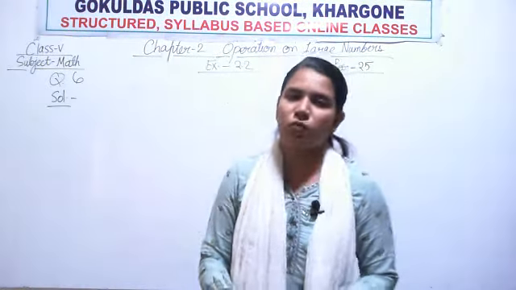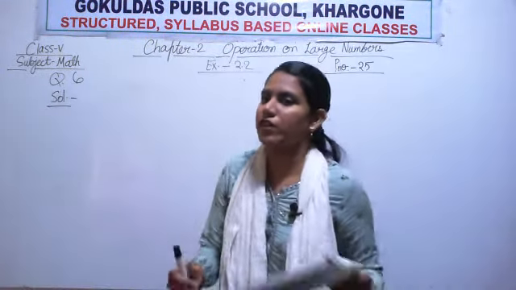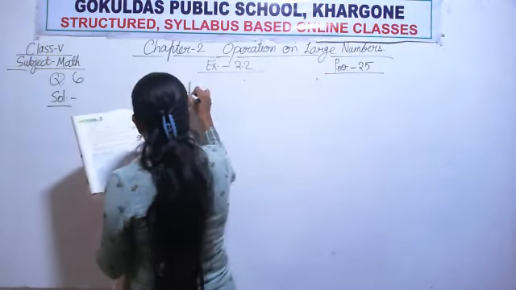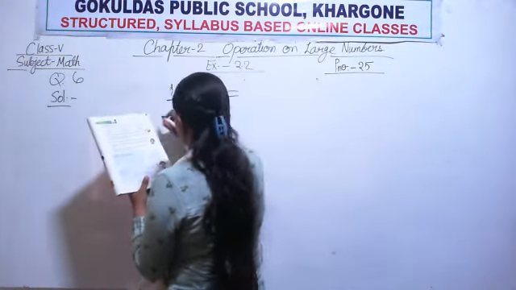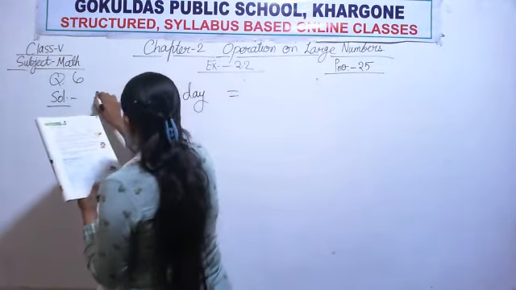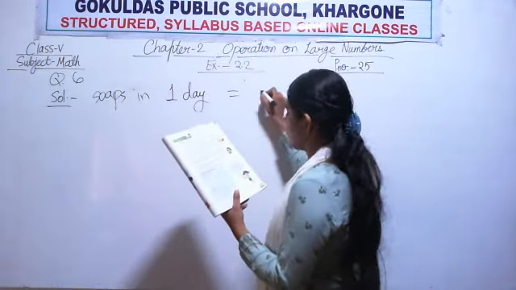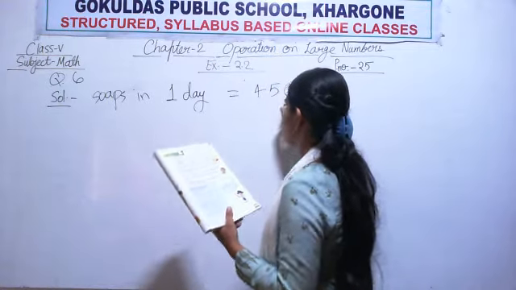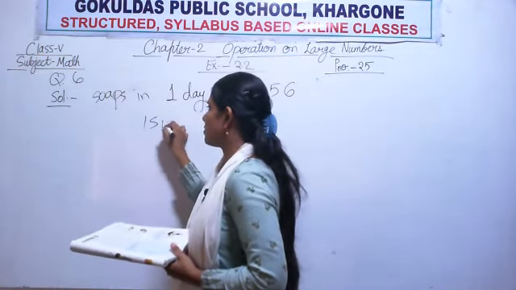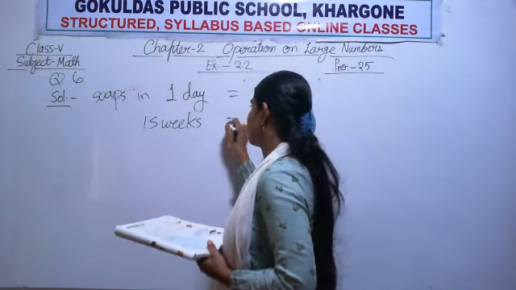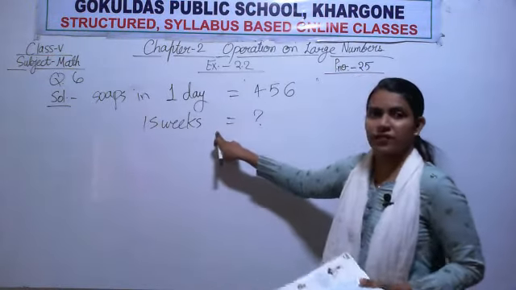Now a problem is there. They have given the data for 1 day: soaps manufactured in 1 day is 456. And they have asked for 15 weeks. The data is different.